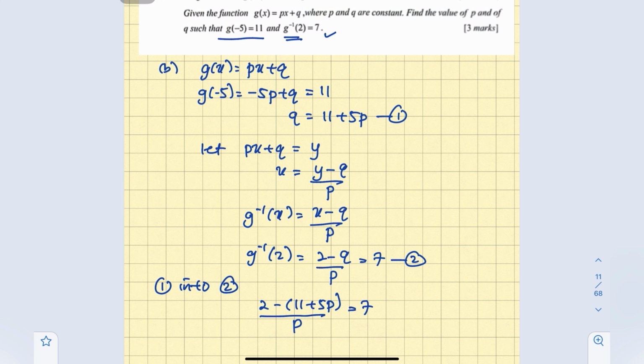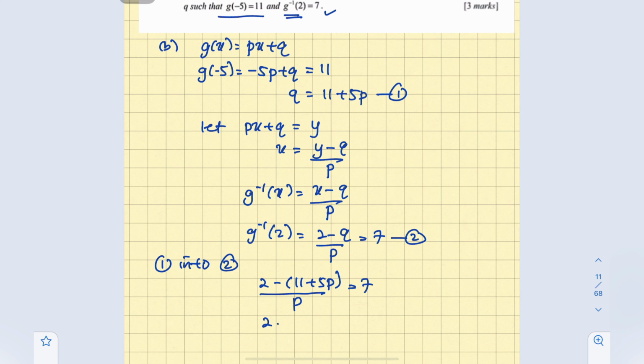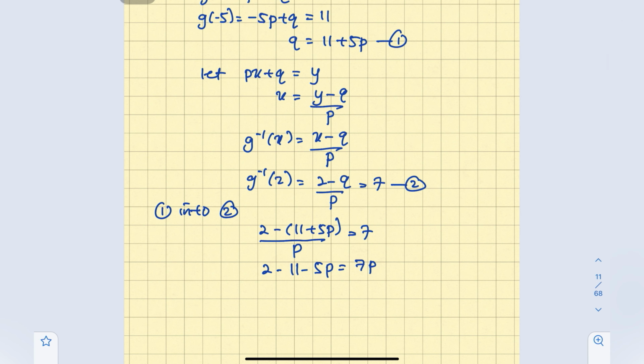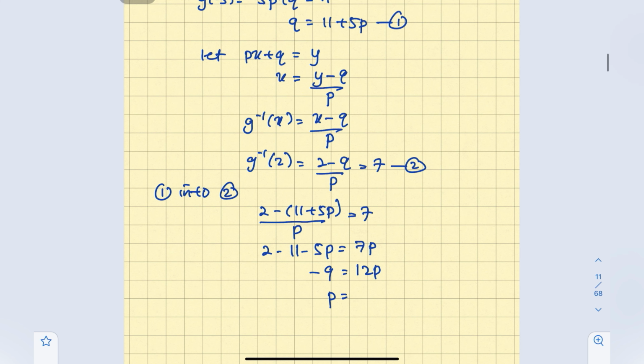Okay, so then this one, 2 minus 11 minus 5p equals 7p. So 7p plus 5p is 12p equals negative 9. Okay, so p equals negative 9 over 12, which equals negative 3 over 4.